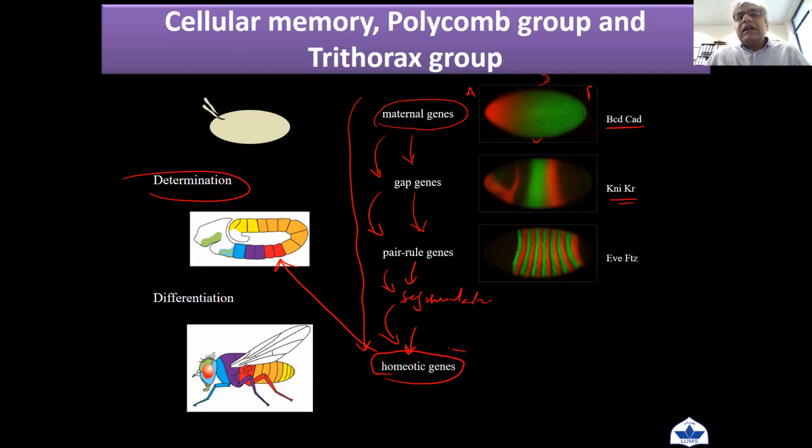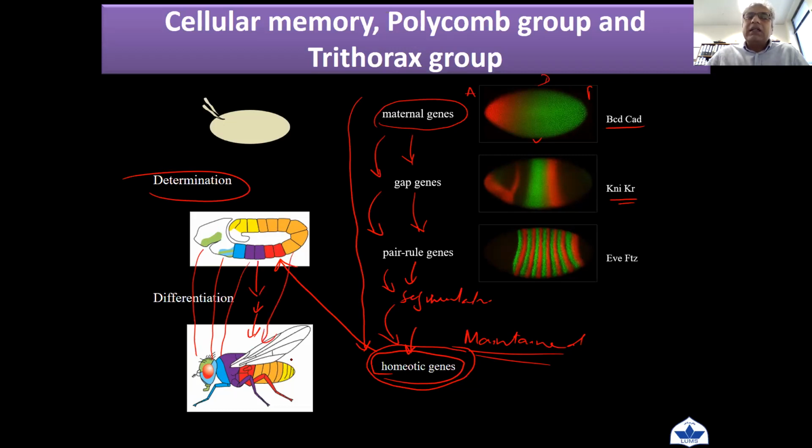So these selector genes, or genes which are giving identity to different cell types, their gene expression pattern is to be maintained, so that generation after generation during mitosis this is passed on, and you have an adult which has all the segmented body plan showing the proper gene expression patterns fully maintained and a normal adult is formed.